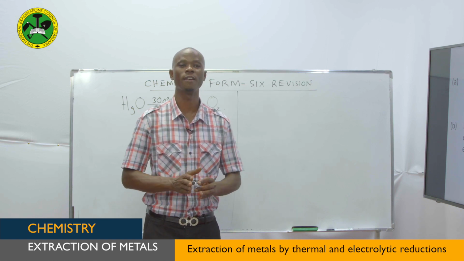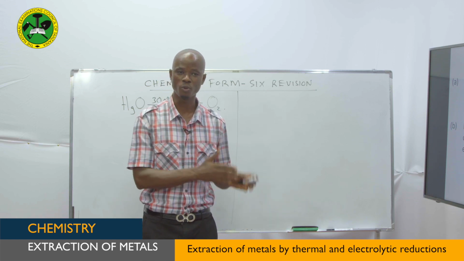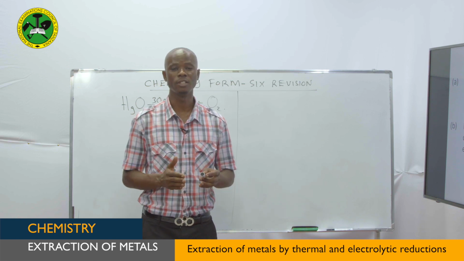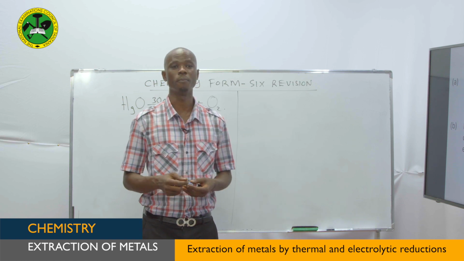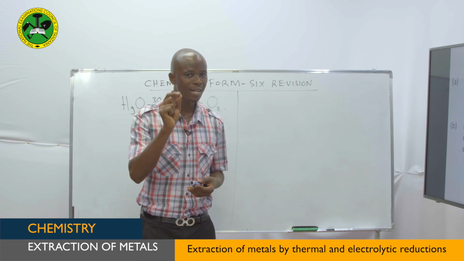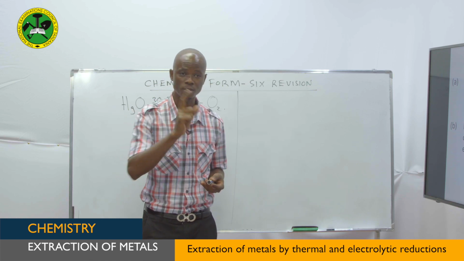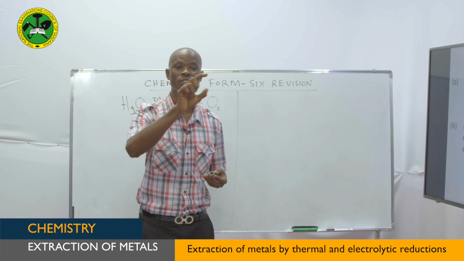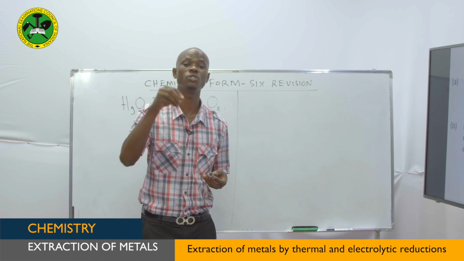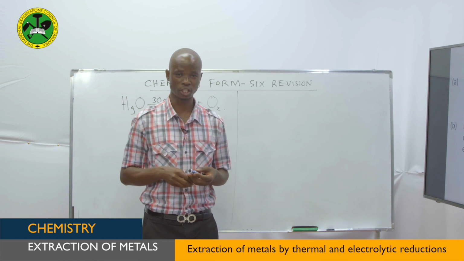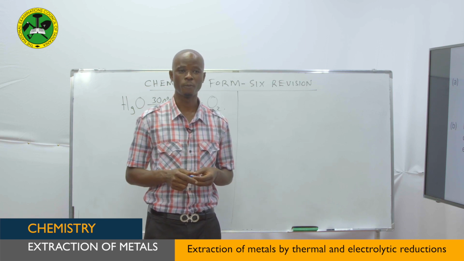This is used for the extraction of reactive metals, from group 1A to group 3A. I'm sure that you remember this. It is important for you to remember them. Describe one after another with a short description and give examples. It is not just a matter of giving a short description; you have to give the example of the metal which is extracted using that method of reduction. So, my dear student, it is important for you to answer that particular question.